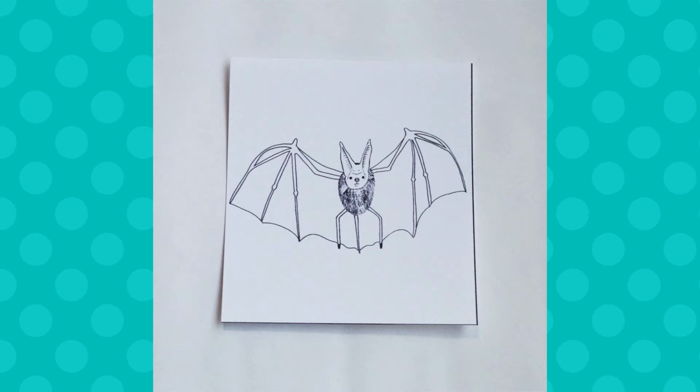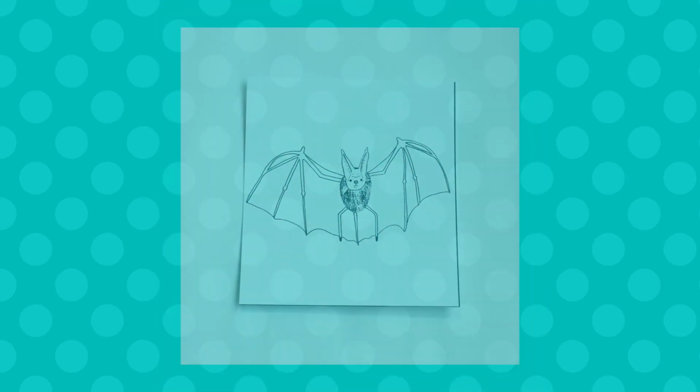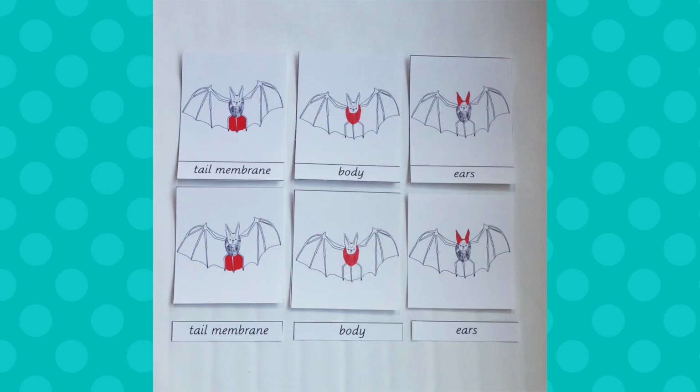And then once you've got the one image, all you need to do then is to colour each section in red. So as you can see, I hand coloured these because it's actually easier to do by hand than messing around on the computer. It's quicker to do it by hand.